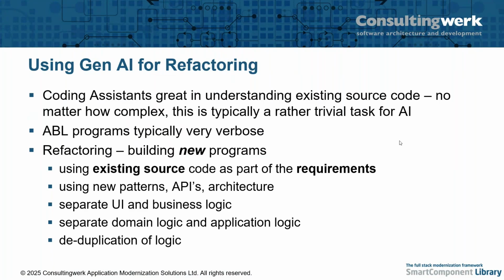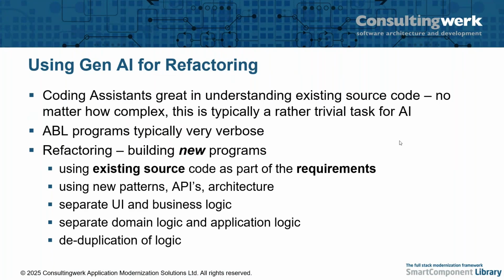That probably was still returning you a mix of Fortran and some real ABL, a lot of hallucinations. But especially with the releases of the large language models from around the end of last year, beginning of this year, they know enough about ABL to really produce meaningful code.